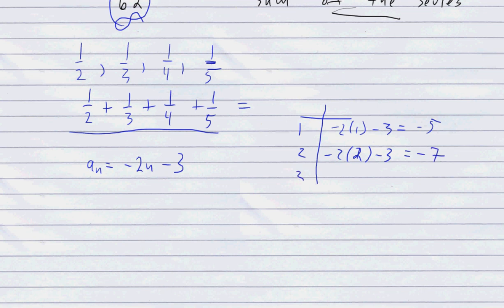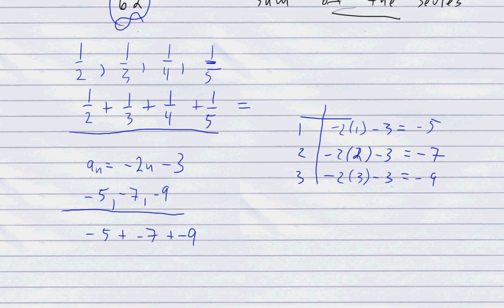And then the third term, negative 2 times 3 minus 3, is negative 9. So the first 3 terms in our sequence would be negative 5, negative 7, negative 9. Written as a series, that would be negative 5 plus negative 7 plus negative 9.